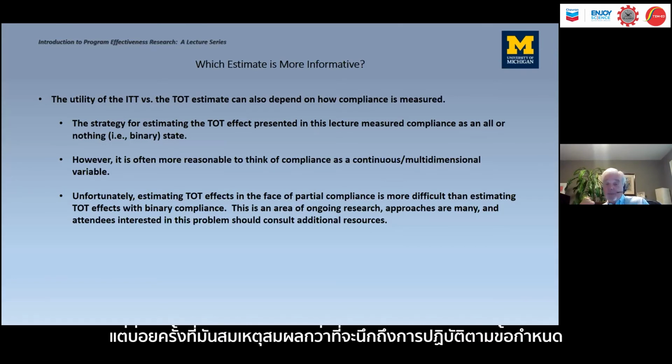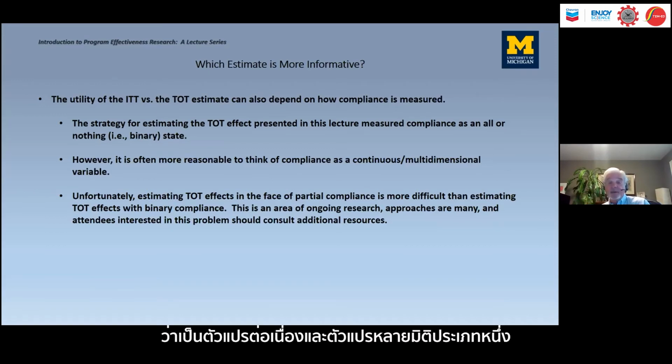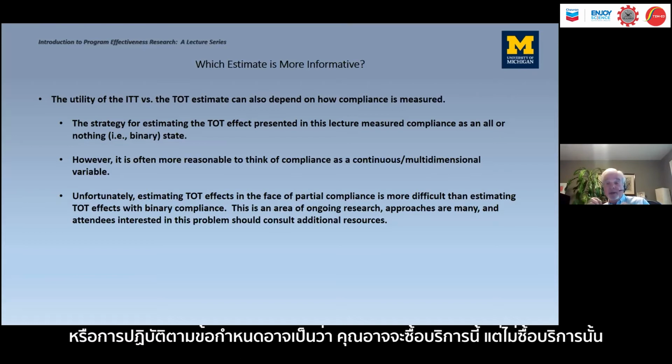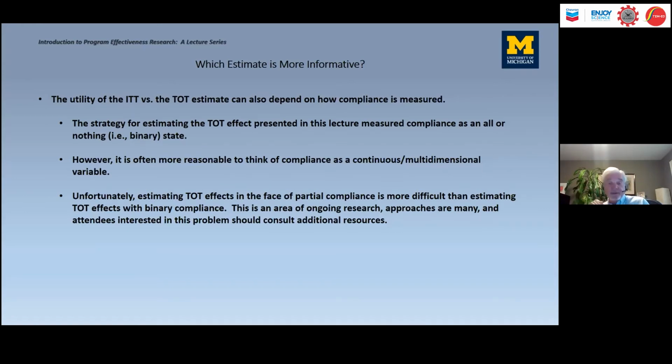But it's often more reasonable to think of compliance as a continuous and multi-dimensional variable. Compliance might be dosage, for example, or you might have bought this service, but not that service, and that's the multidimensional case.